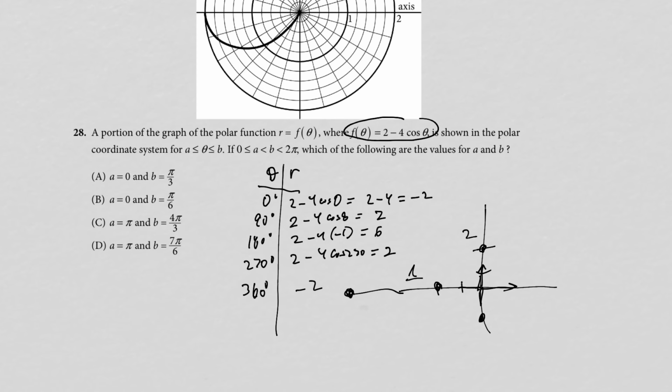And 360 is pointing... Wait, 0 is negative 2. 0 is negative 2, 360. So, pretty unusual graph. 1, 2, 3, 4, 5. Huh. That's pretty annoying.